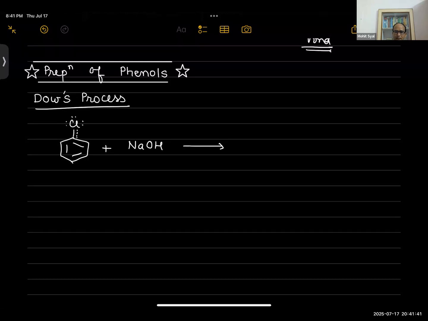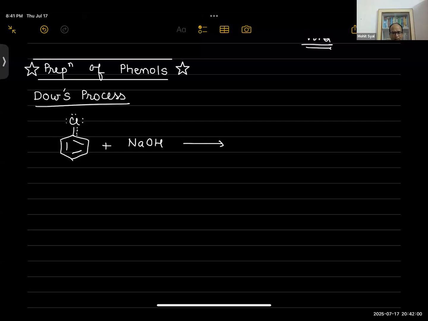Is it clear? Yes. Be careful about it, very, very important, that chlorobenzene is less reactive.